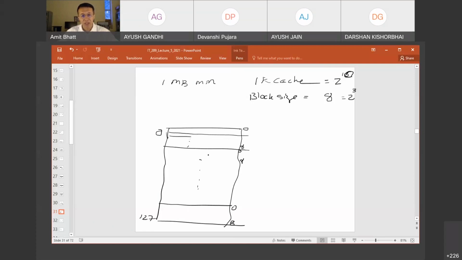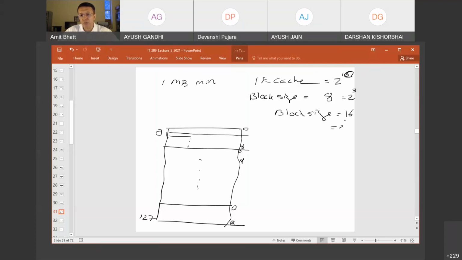If you keep your cache size constant. So someone comes and tells me that, no, let me increase the block size to 16. Okay, so now my new block size is equal to 16 words, right?